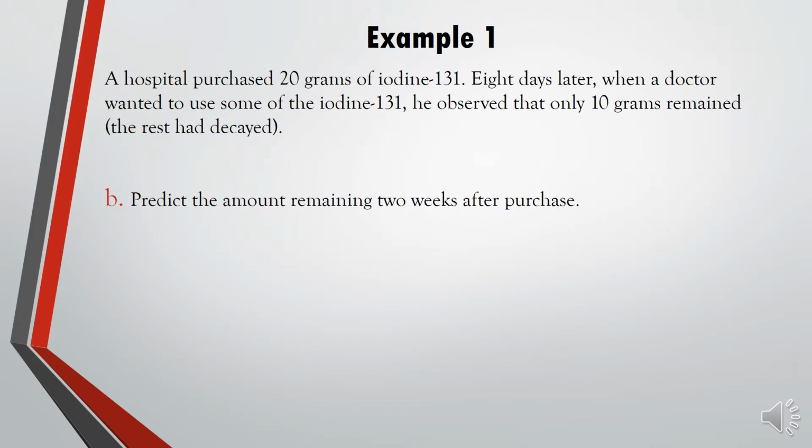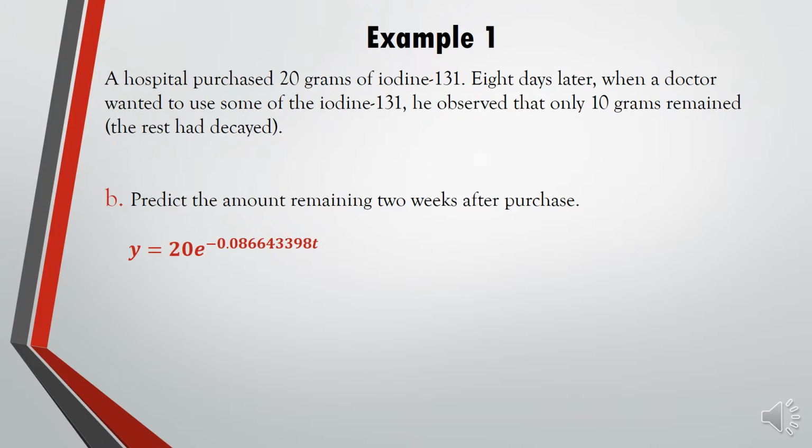Now, this is the part that you might be expected to do on the test. It says, predict the amount remaining 2 weeks after purchase. So in this case, I would give you this model, and you would just have to plug in the correct number and tell me how many grams would be remaining after a certain amount of time.